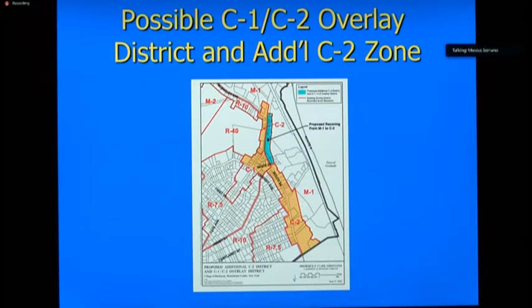So let me ask the board, do they want David to come back with some additional language first before we move forward, or what would the board like to do? Yeah, I would say definitely. The triangle spot does present a special set of circumstances, so take those measures up front and see how we might want to deal with that.